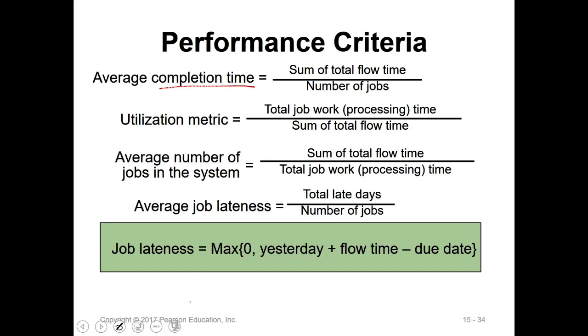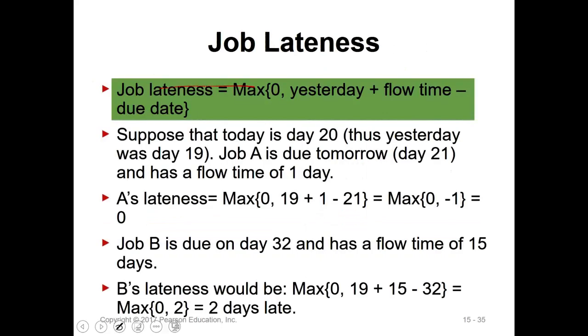And also we have the lateness calculation. They give you the formula. I think we probably don't need to use the formula because it sounds hard to understand, but we can use an example to see how to calculate the job lateness.